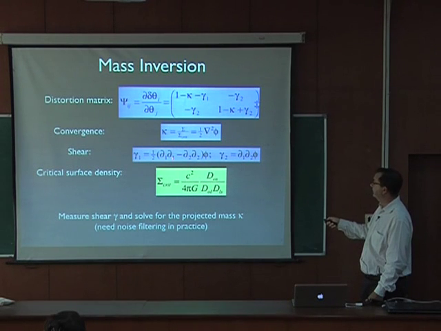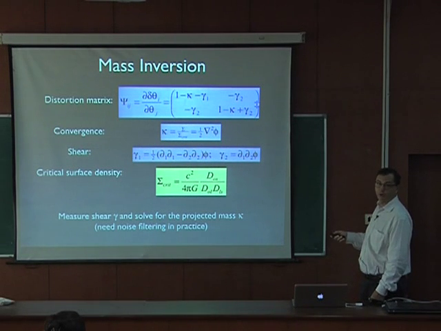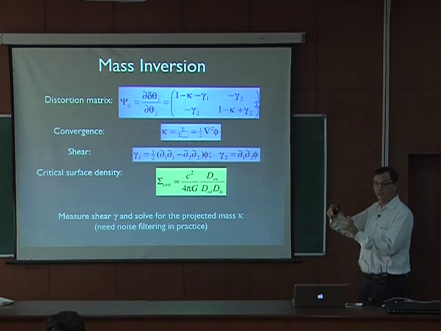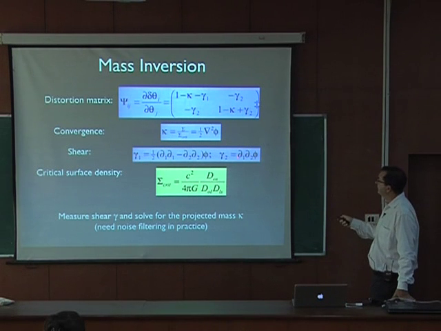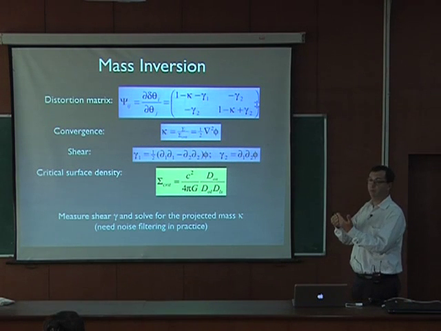So they're also second-order derivatives, but a different combination of the derivatives. So basically, we can measure the shear by measuring the ellipticity of galaxies, as I'll show you a little bit later. And then from the shear, we can go back to kappa by reconstructing the potential. And since kappa is basically the projected mass density, we can reconstruct the mass.